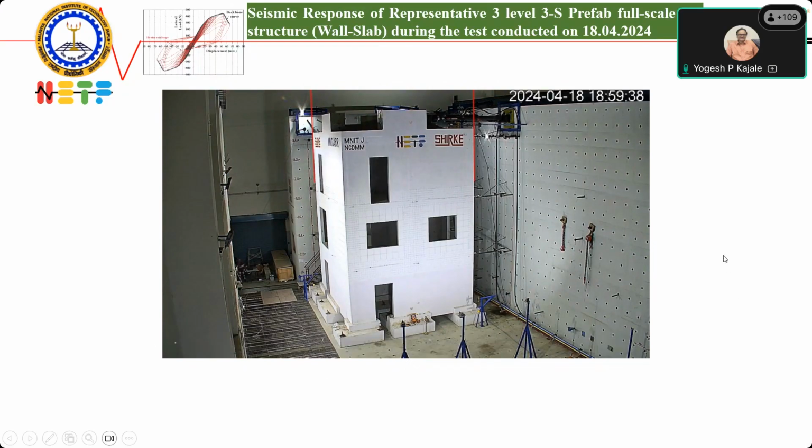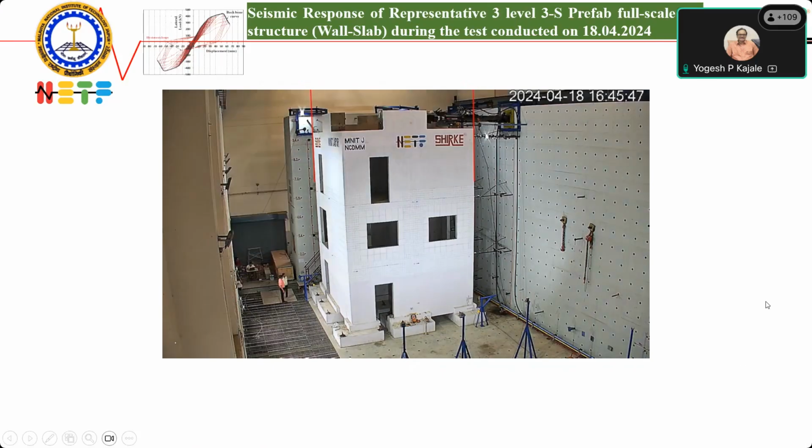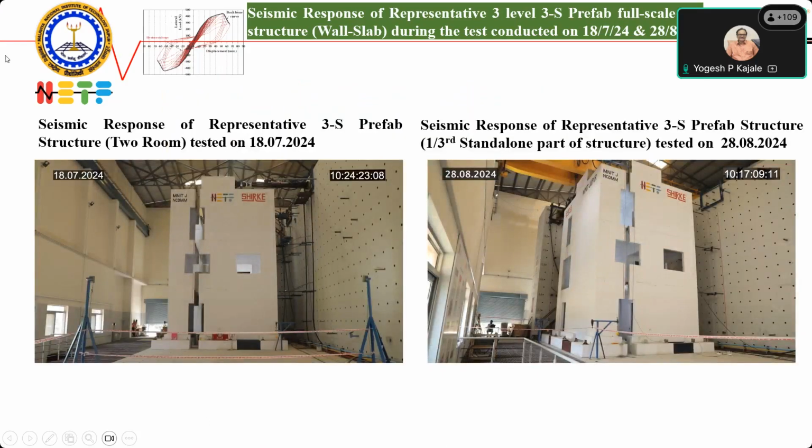So the performance was hard, the displacement was hardly anything, under 200 metric ton actuator load at the topmost story. So it was decided that we'll cut this structure in 2 parts and the stiffness will get reduced by 50%. After cutting the structure, again it was subjected to load, with the same set of actuators.